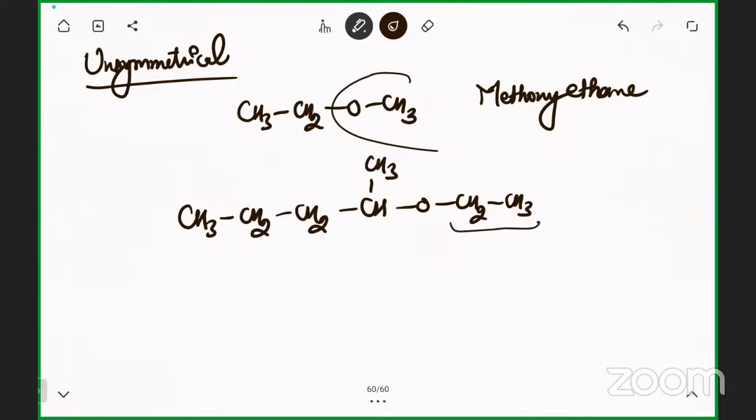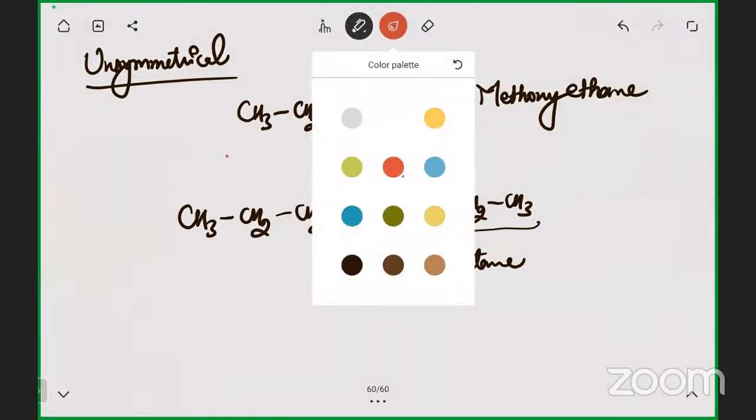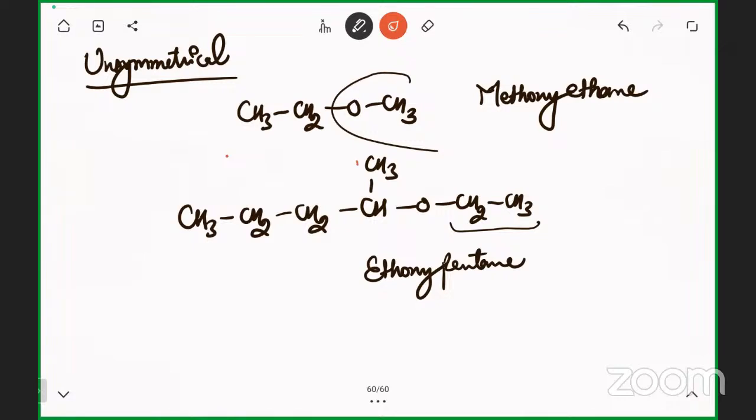See, this is ethoxy, this is pentane. But you have to mention the position also here, just because it is not a straight chain. So it is 1, 2, 3, 4, 5. Since this particular chain carbon is bonded with oxygen at the second atom, you will write 2 here. 2-ethoxypentane. Clear? Yes, sir.